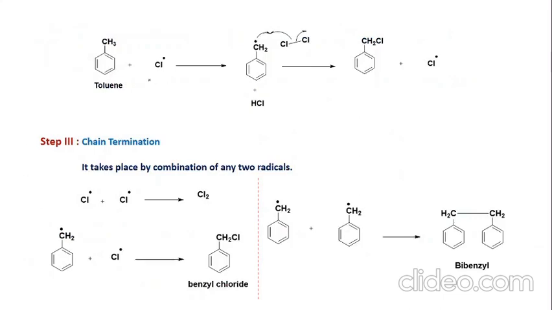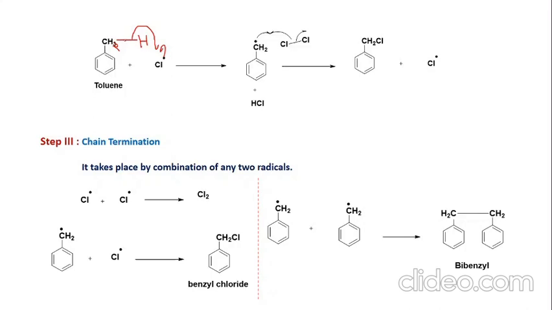What we have discussed just now is described like this. Suppose instead of CH3 we write CH2 and a single bonded hydrogen. This bond is also made by two electrons, so this bond breaks like this, and the chlorine combines like this.